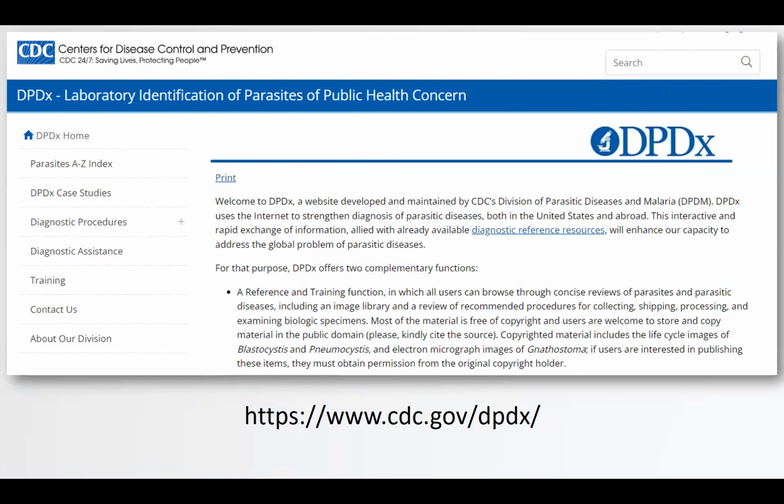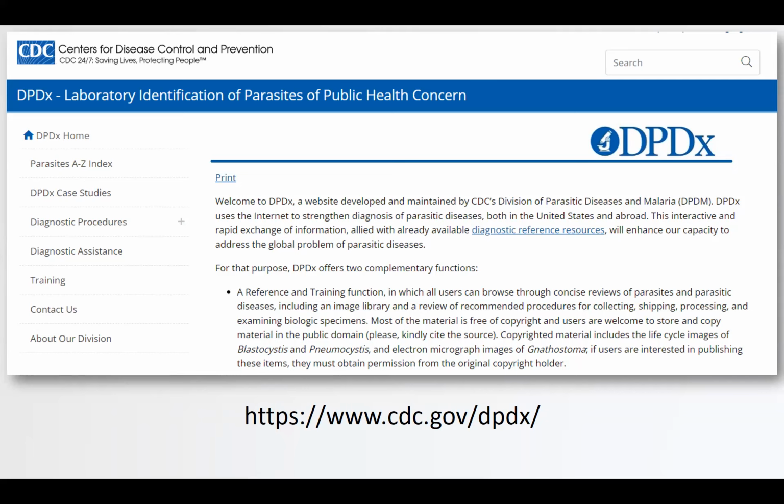I do want to point this out. We're going to go through a few parasites here for the rest of this time. But I wanted to point this out. This website, I think this is one of the best things the CDC has ever done. If you want to know parasites, look at this DPDX website at the CDC. If you go to this index up here, you can read all about every parasite that's out there. It's good information.